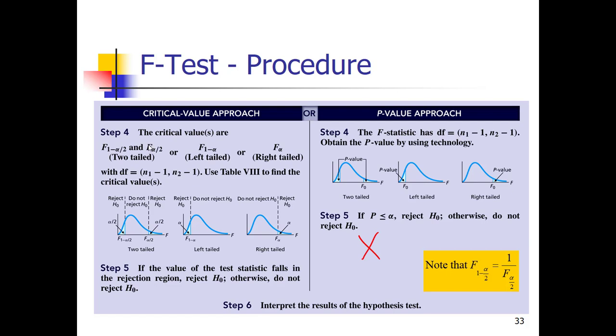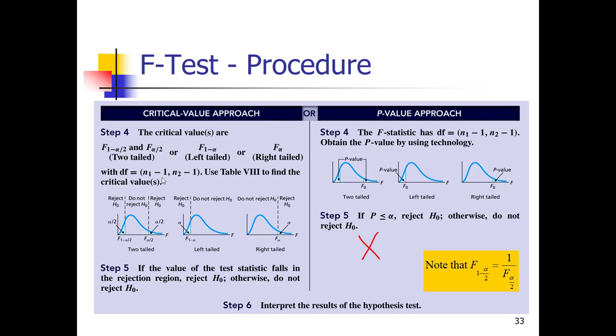Based on whether it's two-tailed, left-tailed, or right-tailed, I go find the F from the table, where alpha is the area on the right.